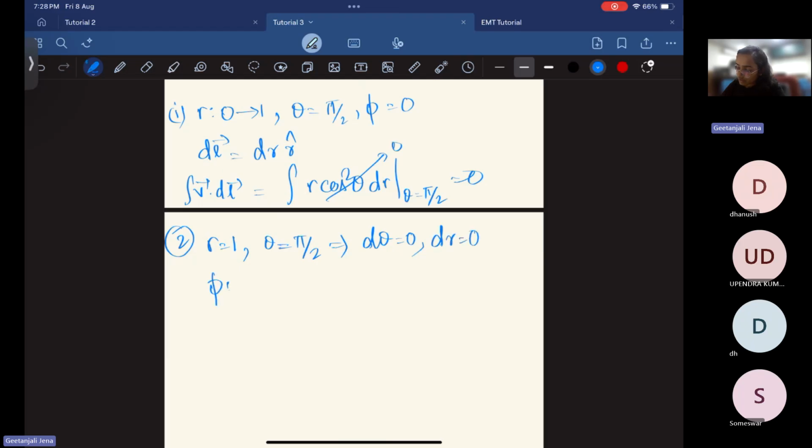And phi is changing from 0 to pi by 2. So dl will be in the phi cap direction. And in phi cap direction, the length element we have in spherical coordinates is r sine theta d phi cap. Theta is pi by 2, so this will give r d phi cap.